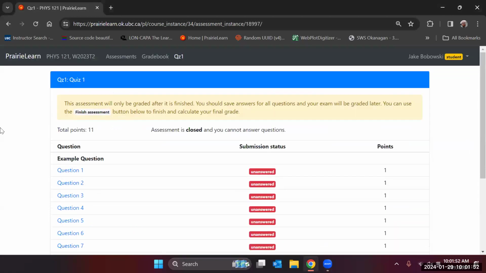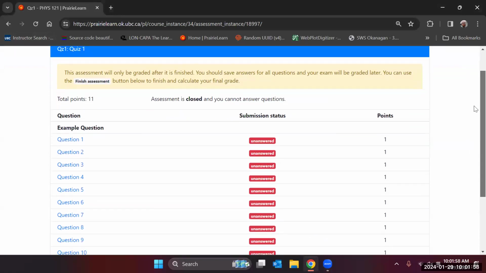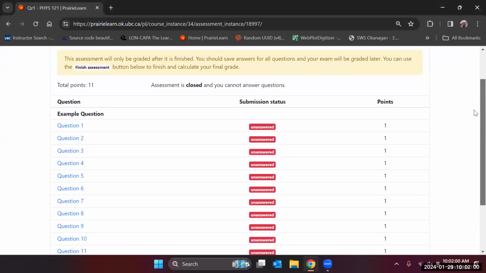If we click it, you'll see something like this. There are going to be 11 questions, and they're multiple choice. You just click the answer that you want, and then you save that. If at the end of the quiz you decide, oh, I'm not sure about question 4, I want to go back and change my answer, you can do that. You can change your answers up until you do the submission.